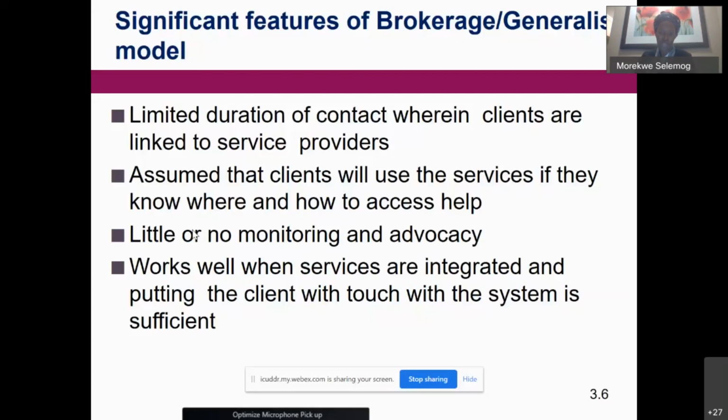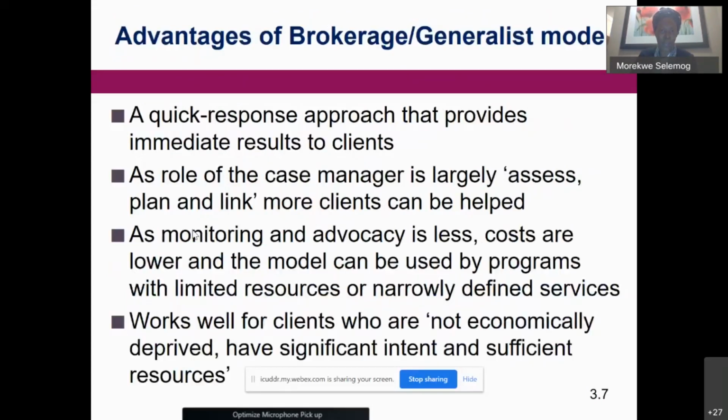So for this particular model, what works best is when there's integration because the case manager just links the client with the services.